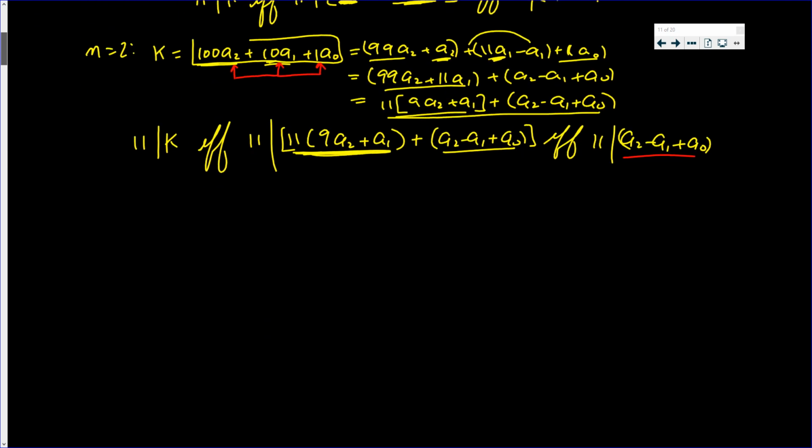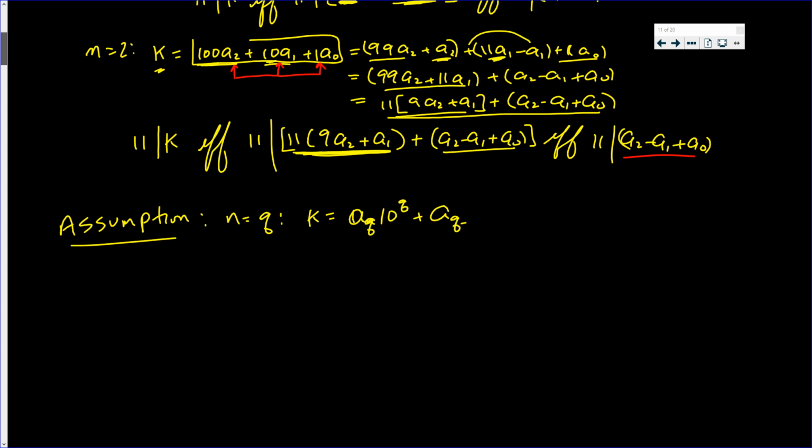Okay. So now, our assumption. N equals, now I used k already, so I'll call it q. That means k is equal to a sub q 10 to the q plus a sub q minus 1 10 to the q minus 1, all the way down to a1 times 10 plus a sub 0.